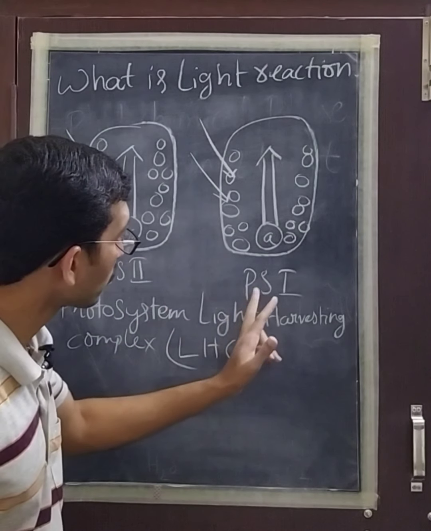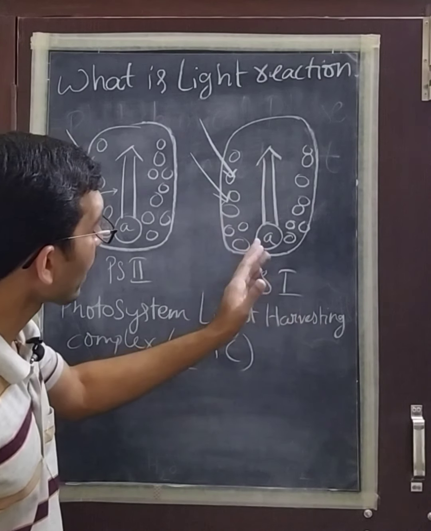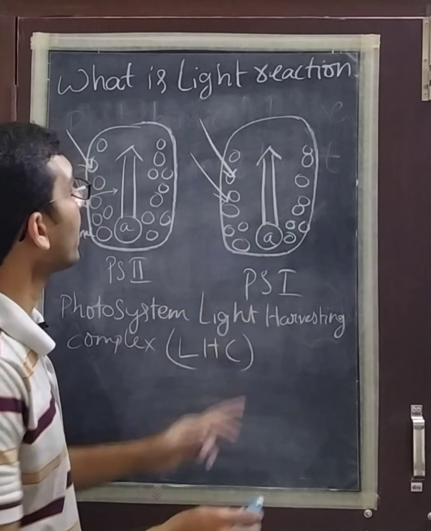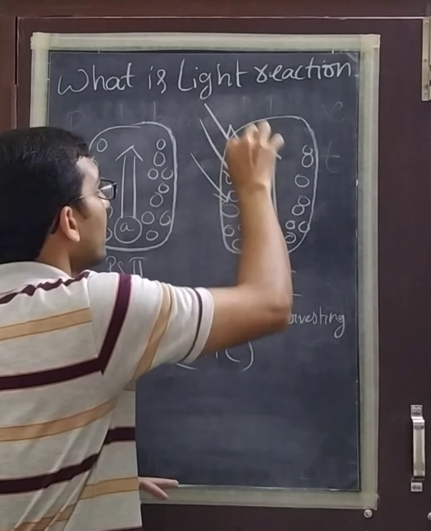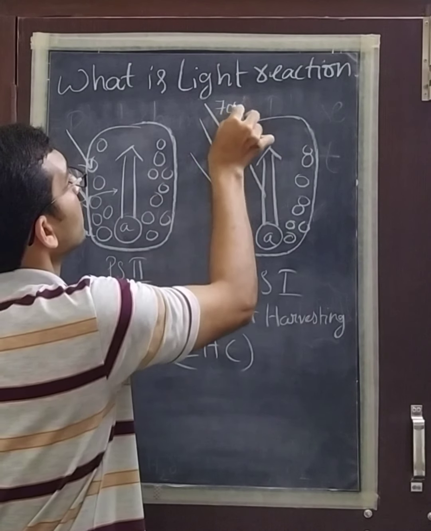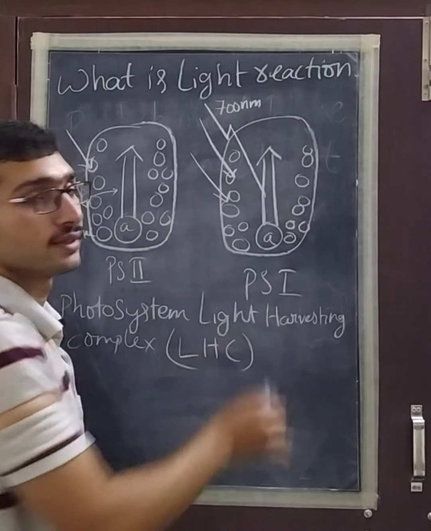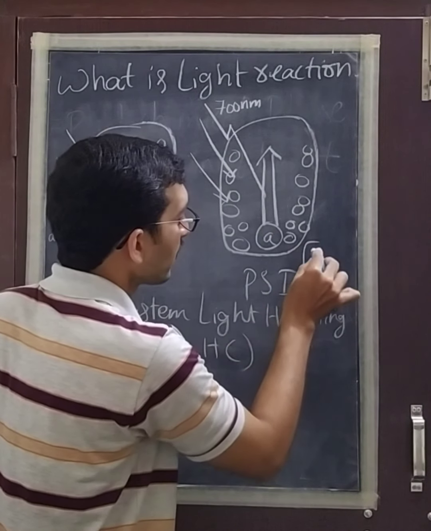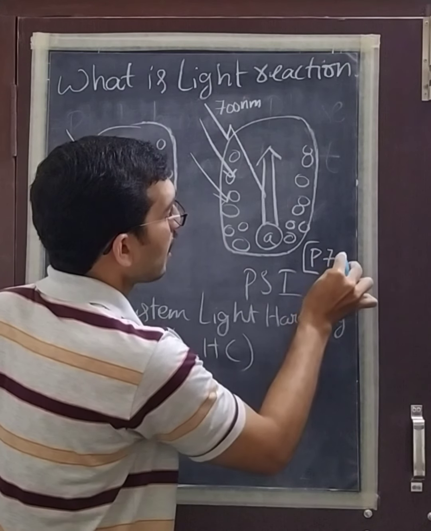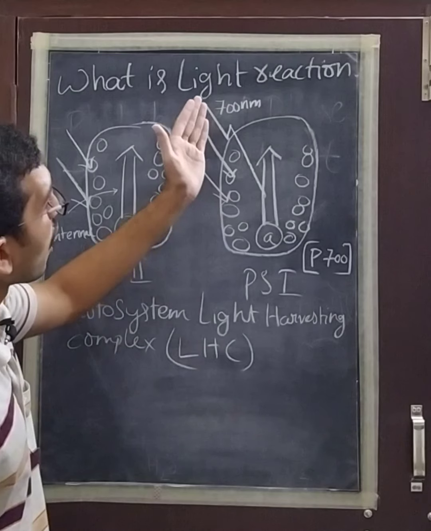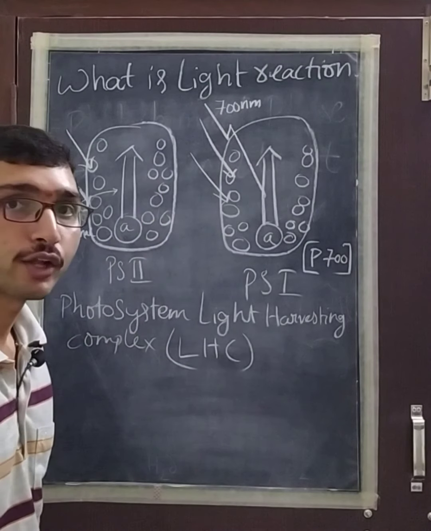When it comes to photosystem 1, the reaction center chlorophyll A can absorb light maximum at 700 nanometers. We can denote this system as P700, because it can absorb light peak at 700 nanometer.